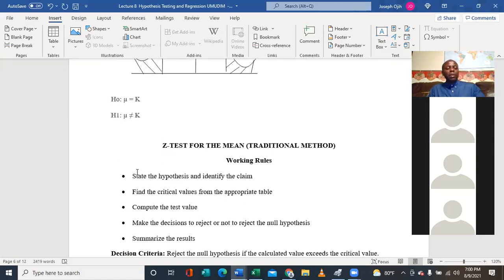All right. Now it's time to apply this theory. I believe the theory is practice. Apply the principle you just learned in doing a test of hypothesis.